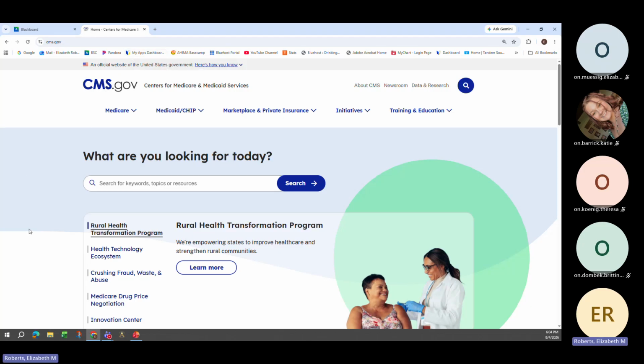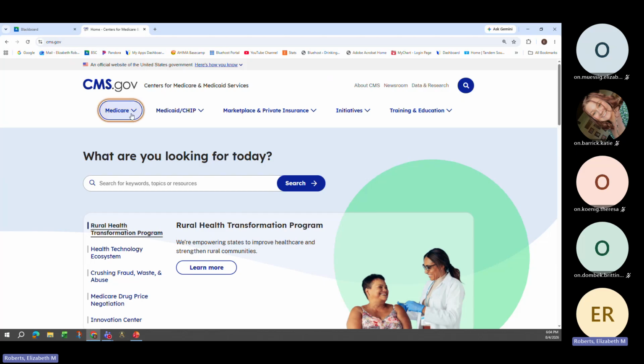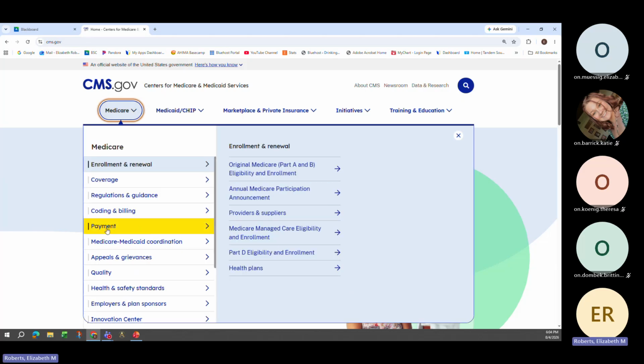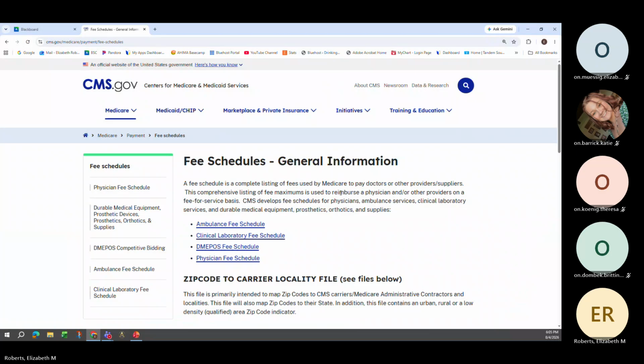I wonder if there's an easy way to find it now. So if you go to cms.gov, go to Medicare, you're going to find a payment. I'm still not very good at this new website, the way they've done it. There's fee schedules here. This is a really good trick for the real world if you want to see how much Medicare prices out a specific claim for.